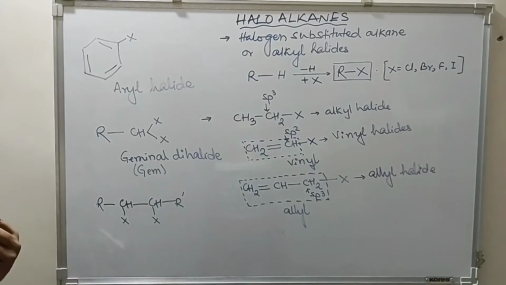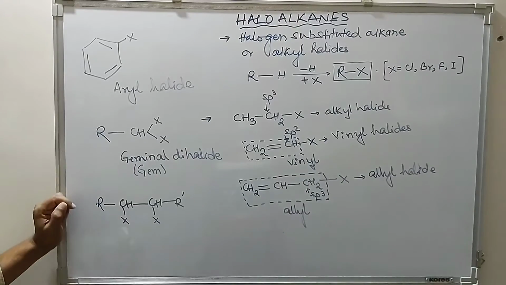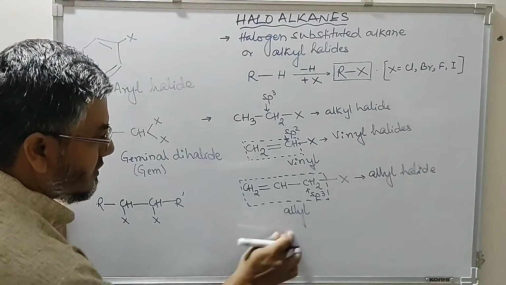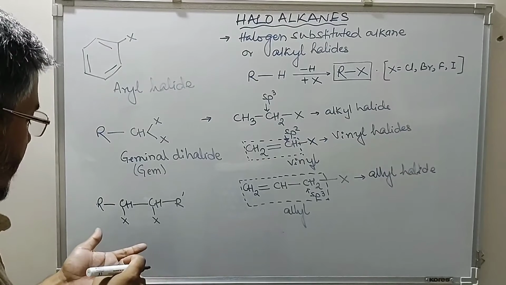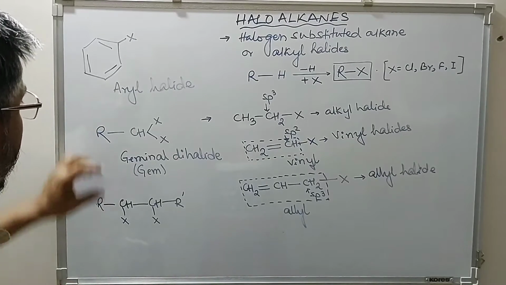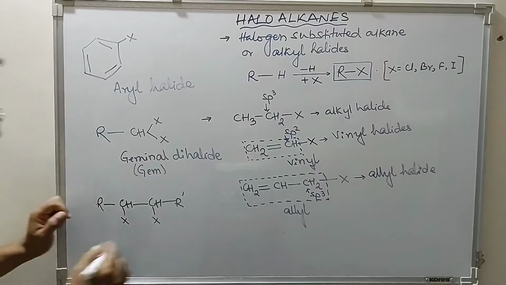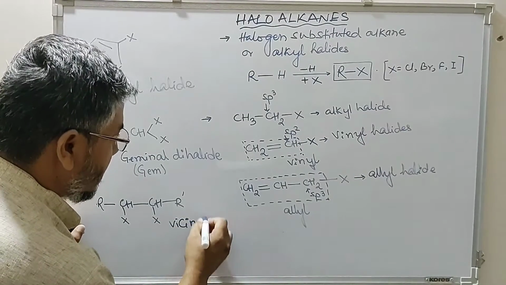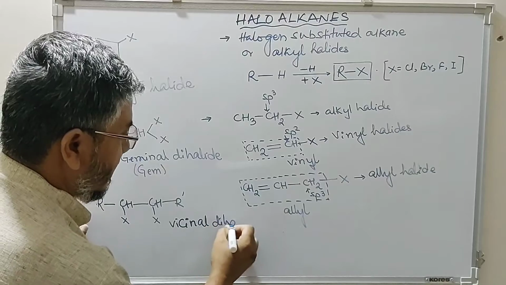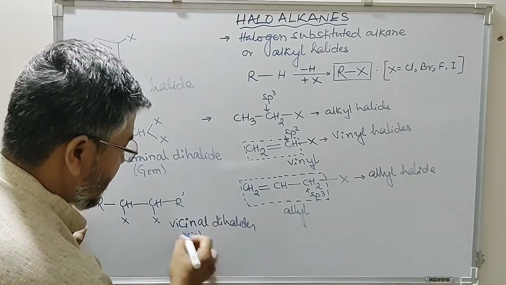So if two halogens are bonded to two adjacent carbon atoms, then this is known as vicinal dihalides, or simply VIC.